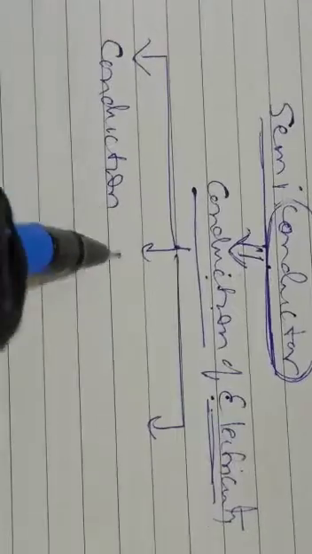On the basis of this, most materials can be divided into three parts. The first one, conductor; second one, semiconductor; and the third one is insulator.